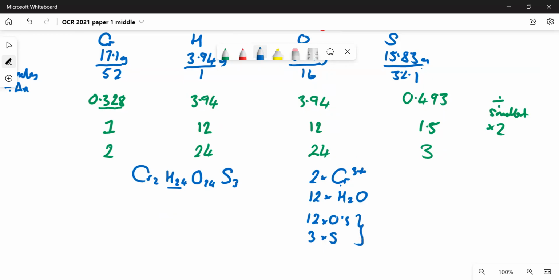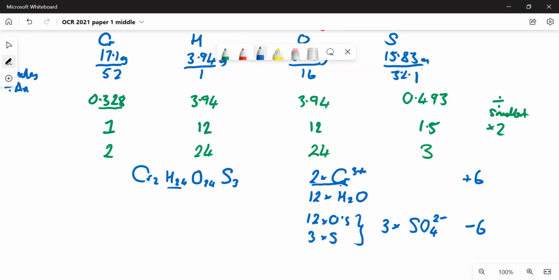You can probably see that those 3 sulfurs and 12 oxygens are almost certainly going to be 3 sulfate ions. That would also be consistent, because 3 sulfate ions means a charge of -6, and the chromiums are 2 lots of 3+, so that's +6.